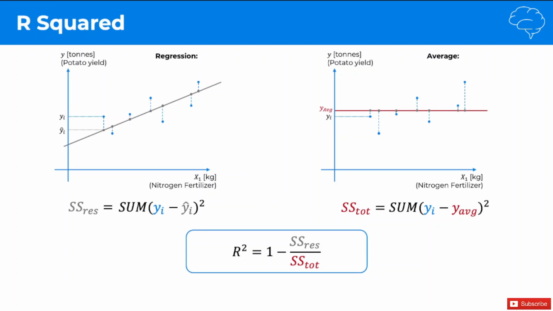So thereby, unless our regression model is facing absolutely the wrong way, for example, a downward slope on the left over here, if our model was sloping downwards, then the residual sum of squares would be huge because our model is just incorrect. But in all other cases, the residual sum of squares is less than the total sum of squares. And what that means is that the ratio is less than 1. So R-squared is somewhere between 0 and 1. And the better our model fits the data, the smaller the residual sum of squares will be, and that means the greater R-squared will be.